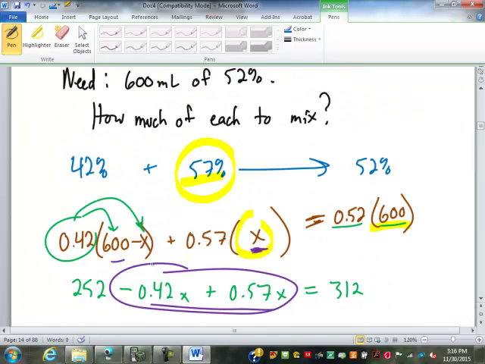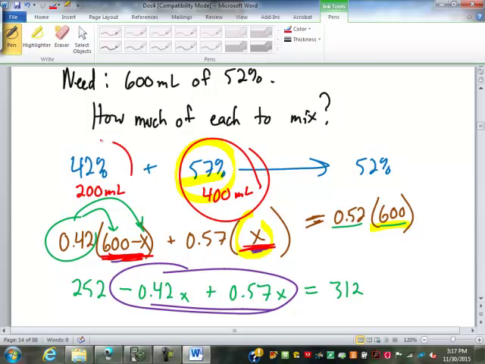What was X again? X was the amount of the 57%. So 57% is 400 milliliters. The other one is 600 minus X. 600 minus 400 is 200 milliliters. That would probably be a step beyond what I would ask you on a test, but just be aware it can be done.